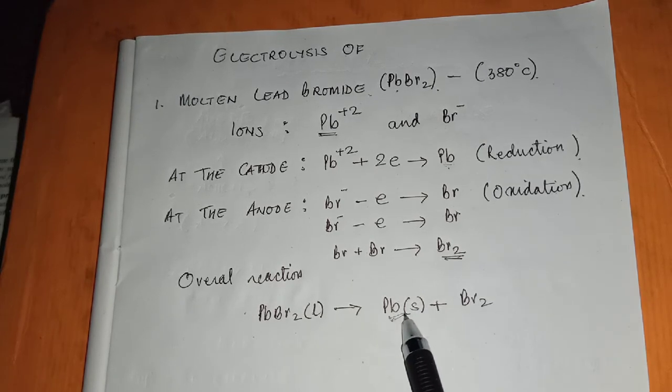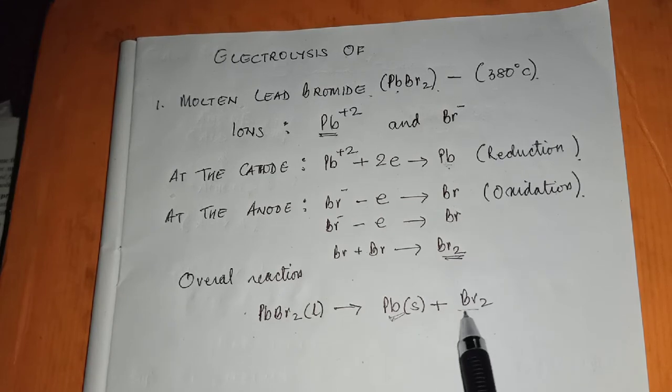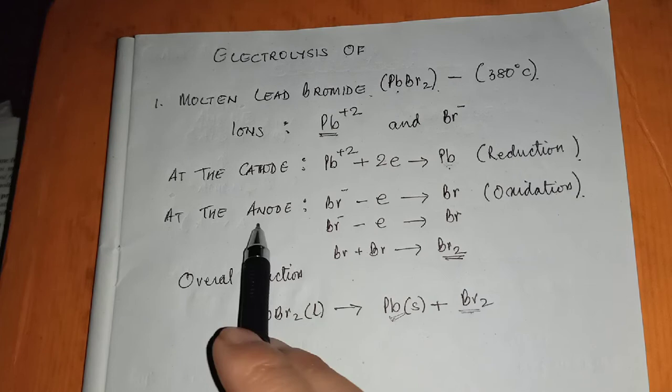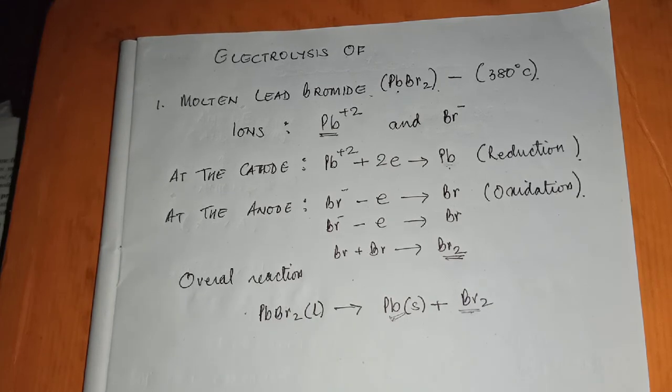Whereas at the anode, bromine gas will be produced. It will be evolved. The color of bromine gas is reddish brown. So dark reddish brown fumes of bromine will start evolving at the anode. So this is the electrolysis of molten lead bromide.